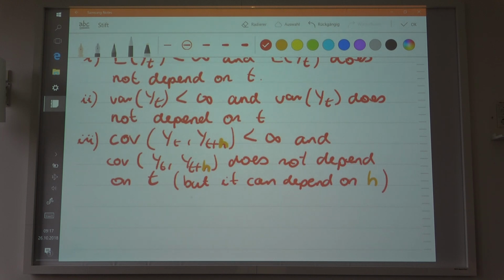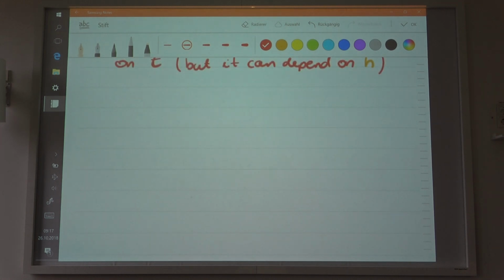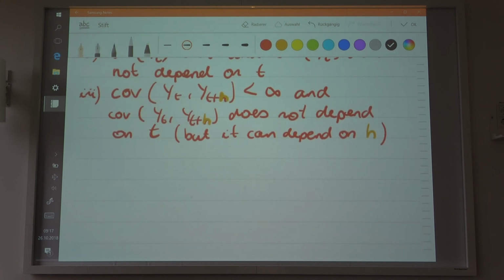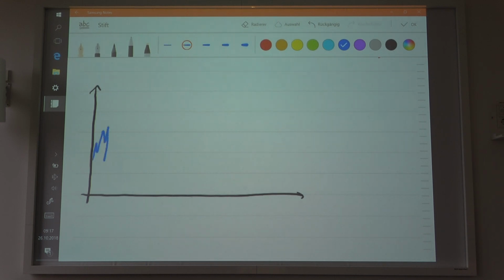Now, how does it look, for instance? How would you recognize a process which is stationary? You're supposed to be aware of how a stationary stochastic process looks. You see it in the lecture notes, but I try to draw it a little bit better.